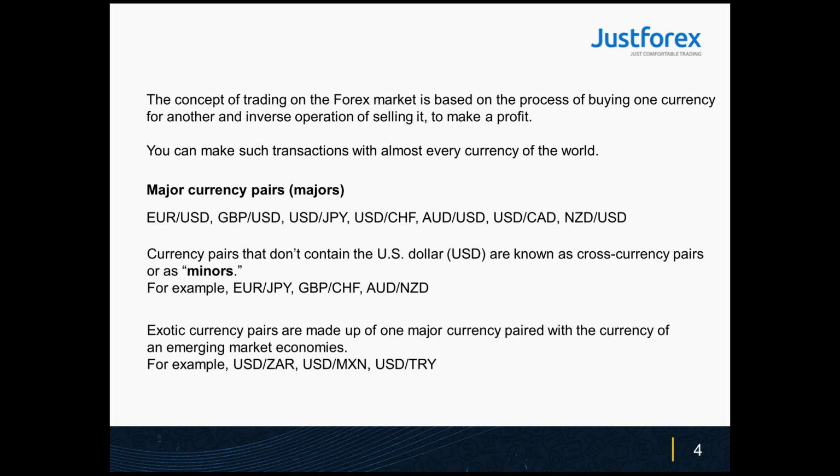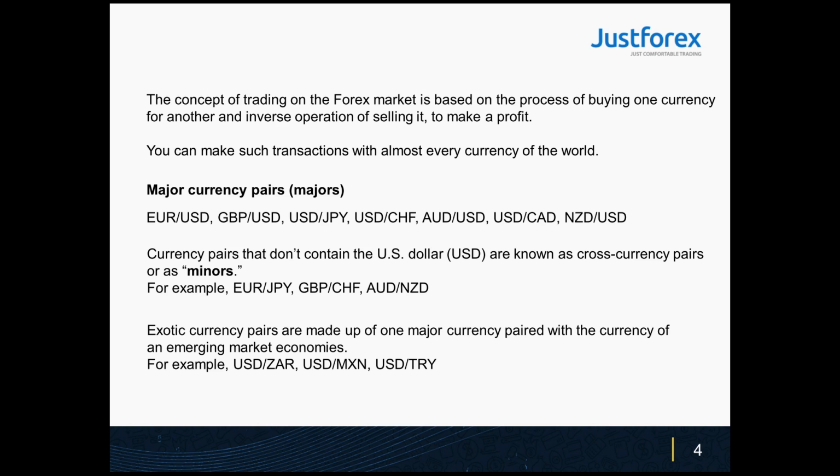The pair that doesn't have the US dollar in it is called a cross currency pair, and those pairs actually are less popular than the majors because they are not so highly tradable by all traders around the world. But still, you need to understand that there is the possibility for you also to work with those kinds of currencies as well.